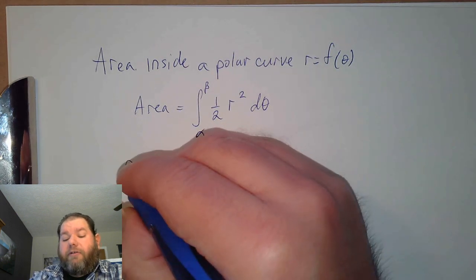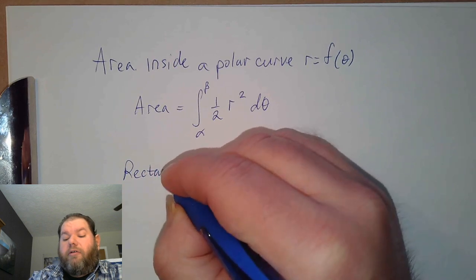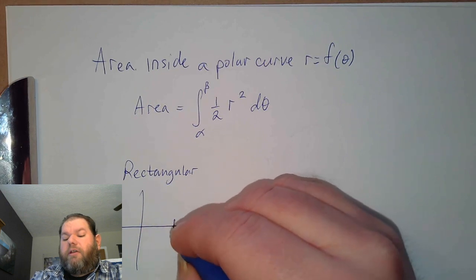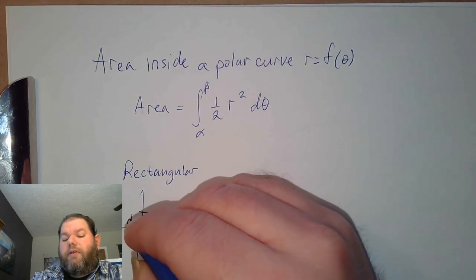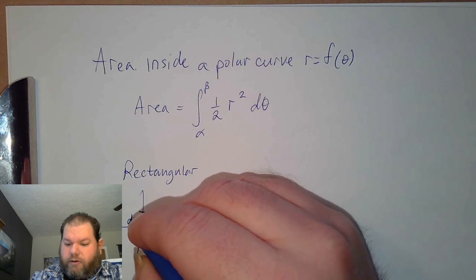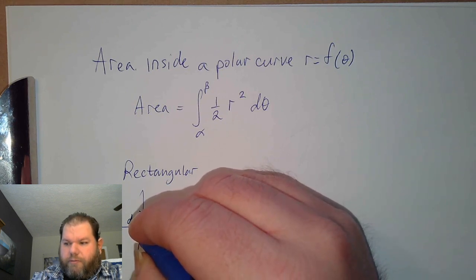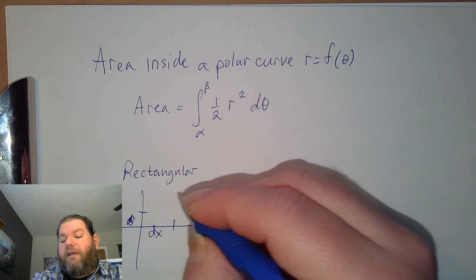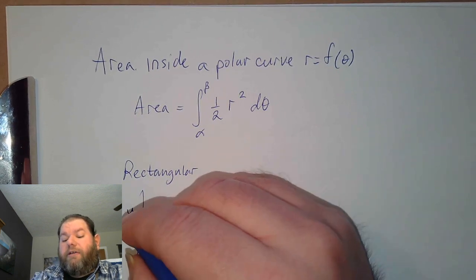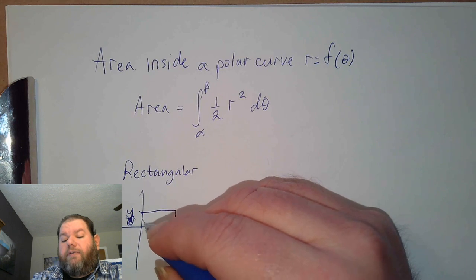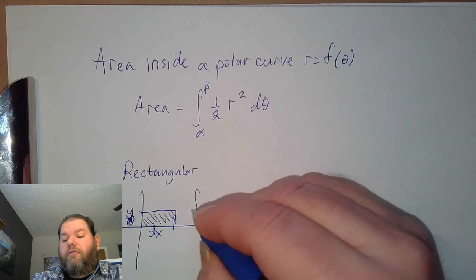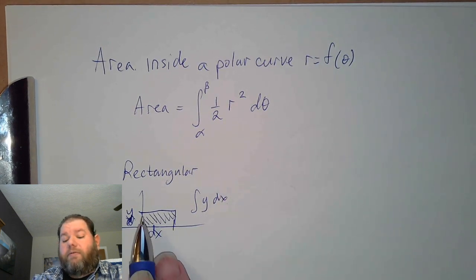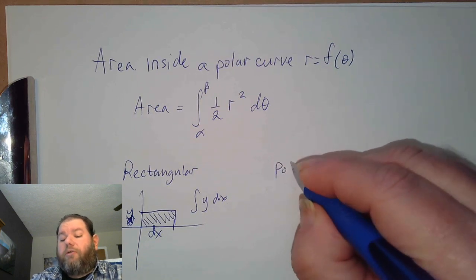Because if we look at rectangular, if we have a dx and a vertical component y, then y dx is just the area here. We integrate the function with respect to x. Okay, that's our area.